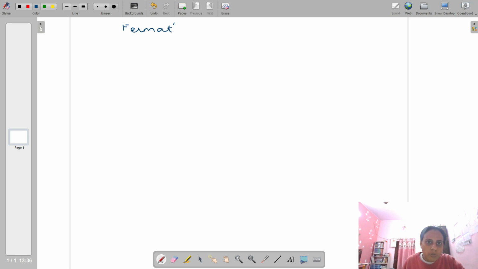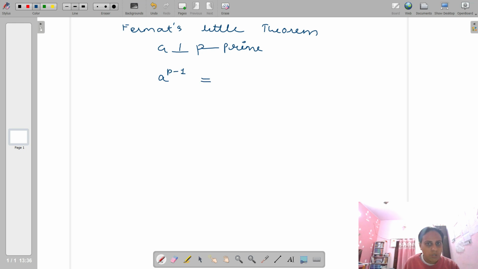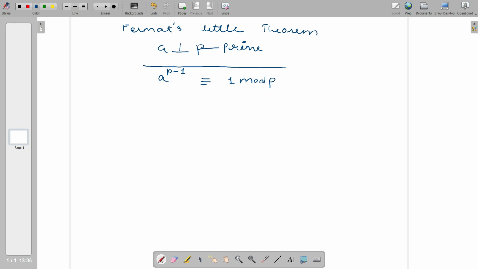We checked in the previous video that Fermat's little theorem says if a and p are two integers which are co-prime to each other and p is a prime number, then a to the power p minus 1 is congruent to 1 mod p. This is the statement of Fermat's little theorem.